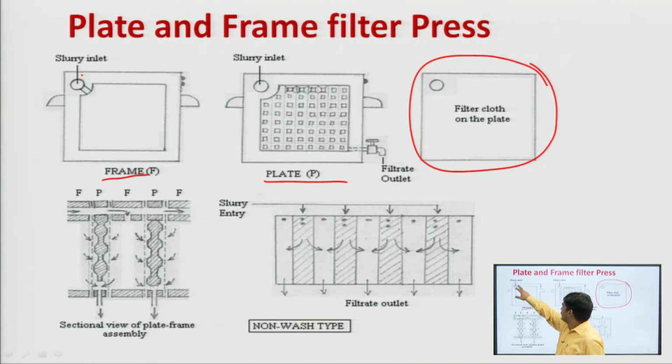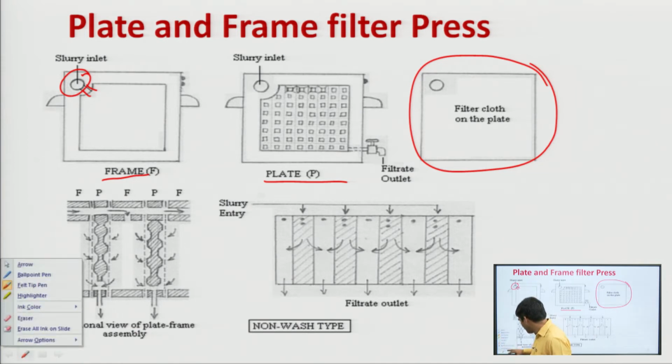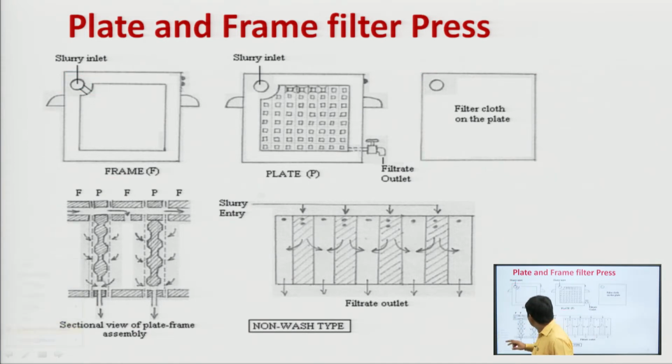As you see in the diagram, here there is a hole, and this hole is connected to the internal part of the frame. As explained in the previous slide, the hole present on the frame is connected to the inner side of the frame, but the hole present in the plate is not connected to the inner side.